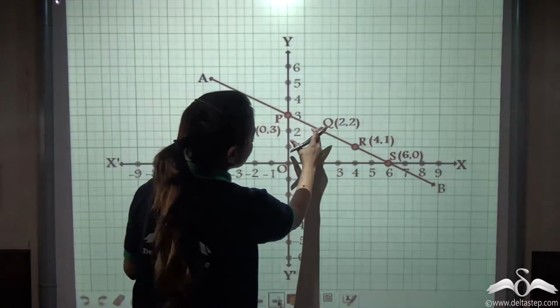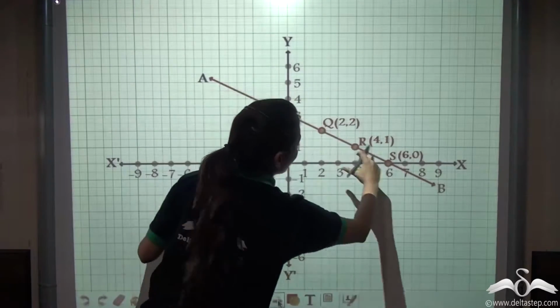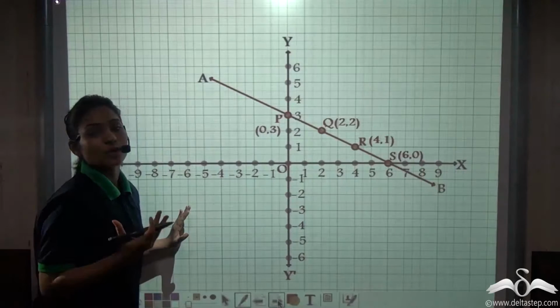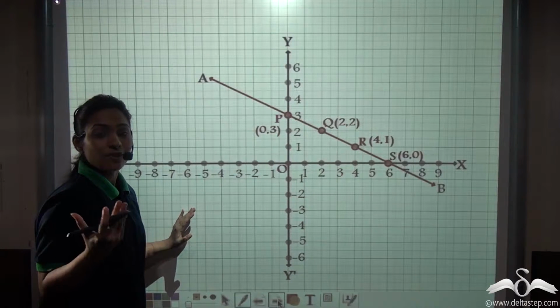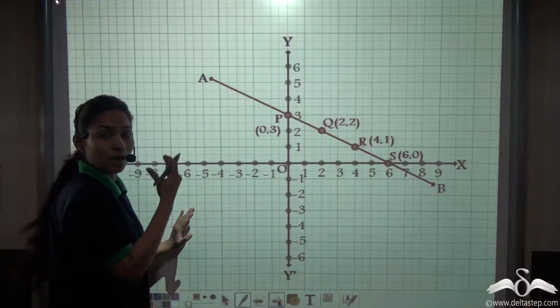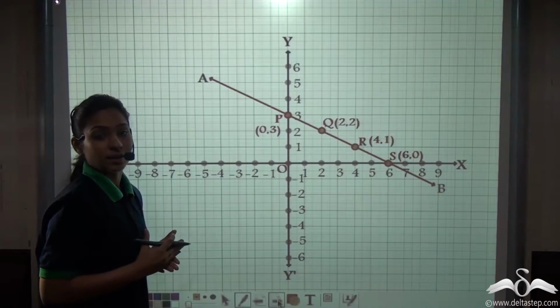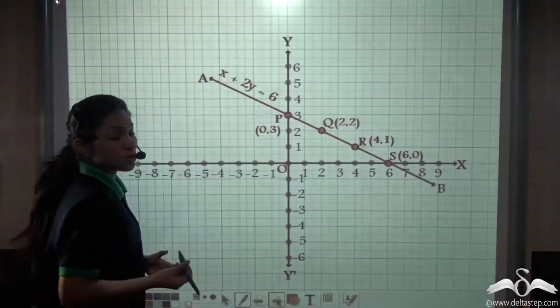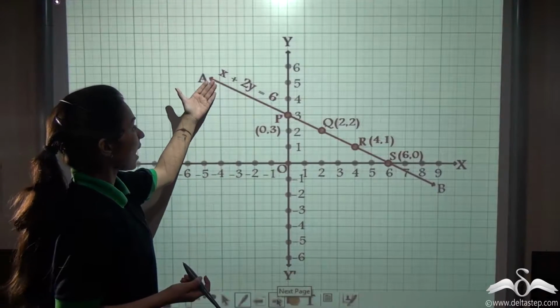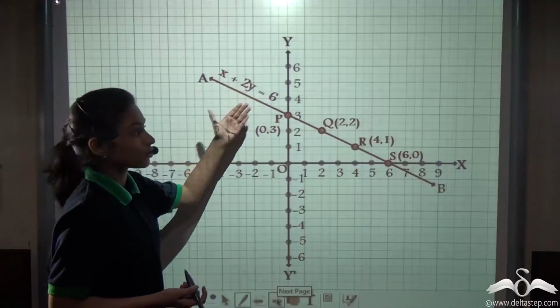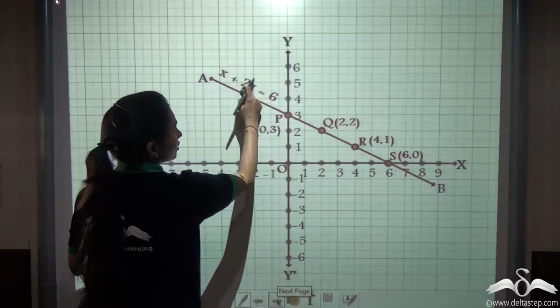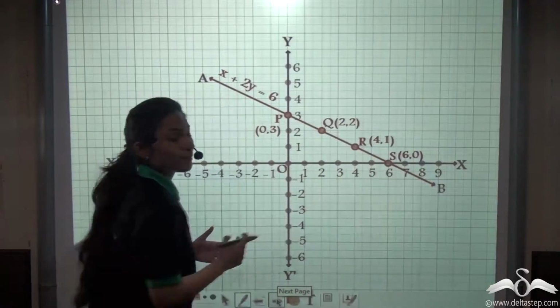You can see all these points are falling on a straight line. Well, this is what we have to learn from here. Whenever we plot an equation on a graph, it will always be a straight line. So this line can be named x plus 2y is equal to 6. So we can say that this equation is represented by the line AB.